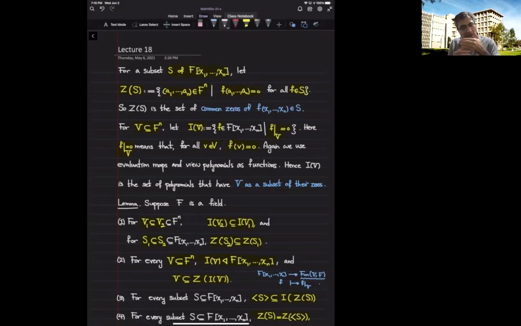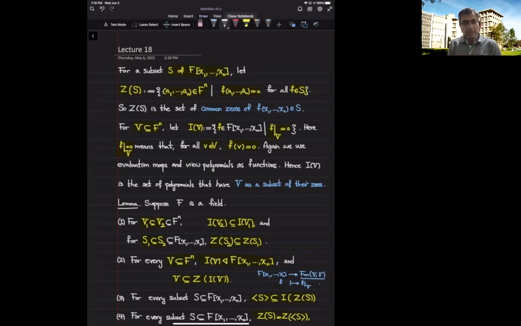Essentially, here we are thinking about polynomials as functions. Viewing polynomials as functions, for a given subset V of F to the n, I can ask myself, what are the polynomials that vanish completely on the set V? What are the polynomials whose restriction to the set V is the same as the constant function 0?